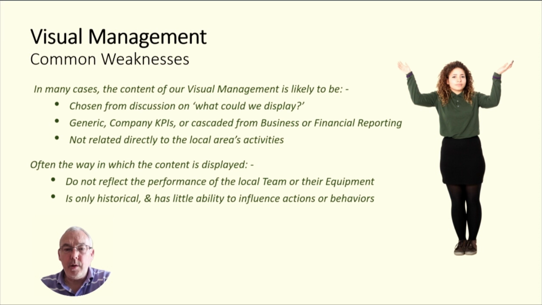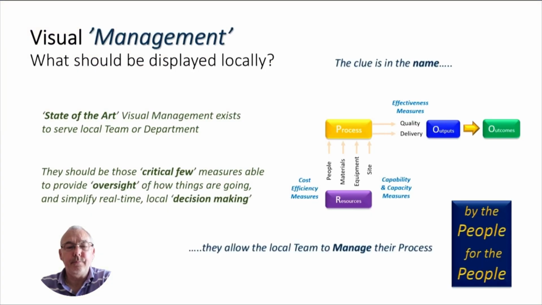The scope and content of a visual management system should provide local management decision-making information for use by everybody in that local team. So, firstly, it's essential that we give appropriate thought to what the scope of information covered within the local visual management system should be.